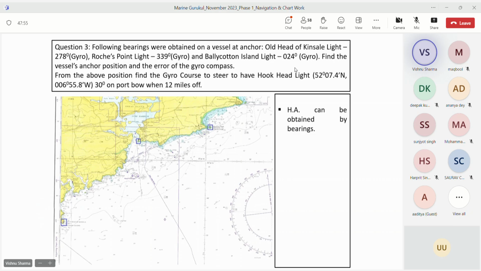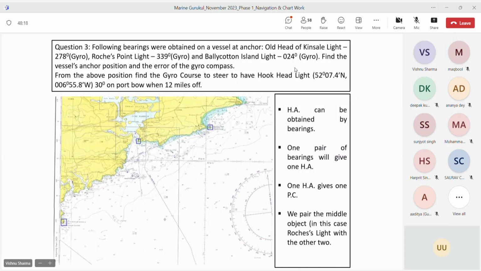Horizontal angle can be obtained by bearings, gyro bearings in this case. Now, one pair of bearing will give you how many horizontal angles? 1. And one horizontal angle gives you how many PCs? 1. One pair gives you 1 PC, right? Yes. And if you get 2 PCs, you can get the fix. Okay. We preferably pair the middle object, in this case Roche's light, with the other.